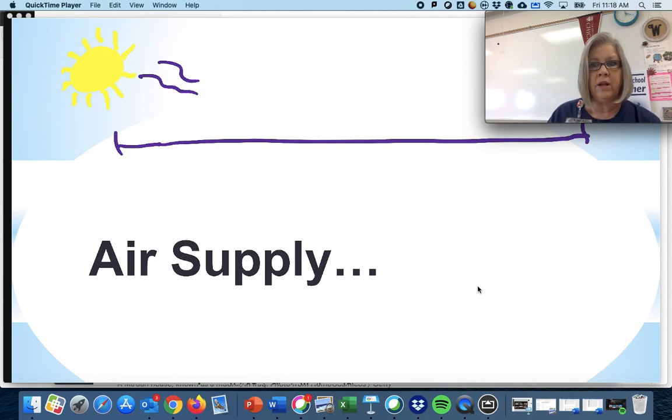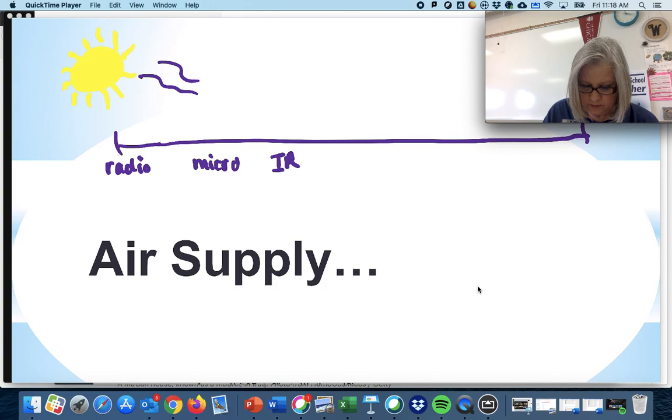So we have our low frequency waves, which are called radio waves. And then we have microwaves. We have our infrared radiation, and that's typically what makes you feel hot. Then we have our visible light, which is a teeny weeny little section in here.